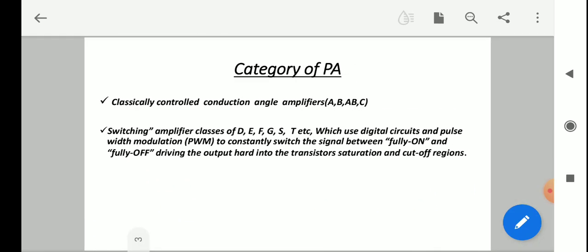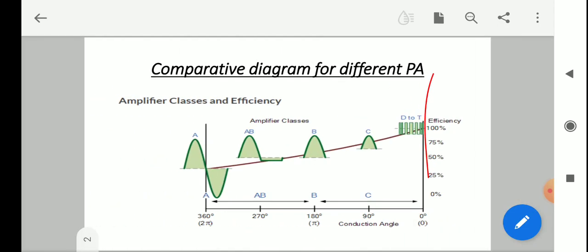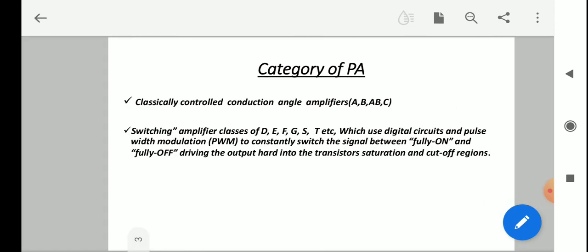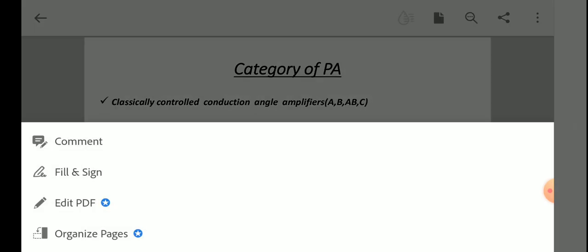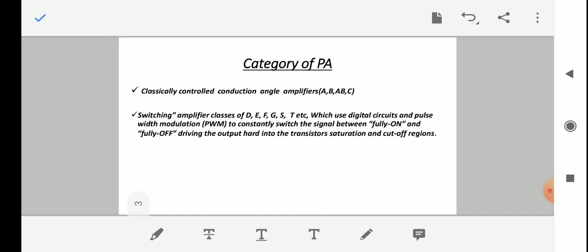Now, for the second slide, I will explain this slide at the end of this explanation. So coming to the third slide, that is the category of power amplifiers. The power amplifiers are categorized in two ways.